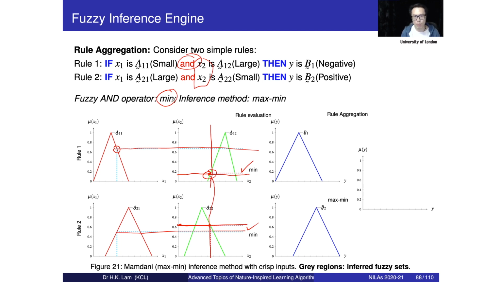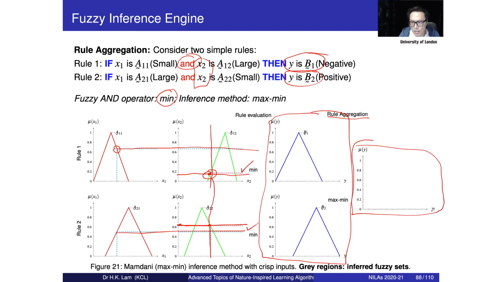And now what I'm going to do is the rule aggregation. In this column, as I said, the first triangle is from the then part of the first rule, and the next triangle right here is the second rule.